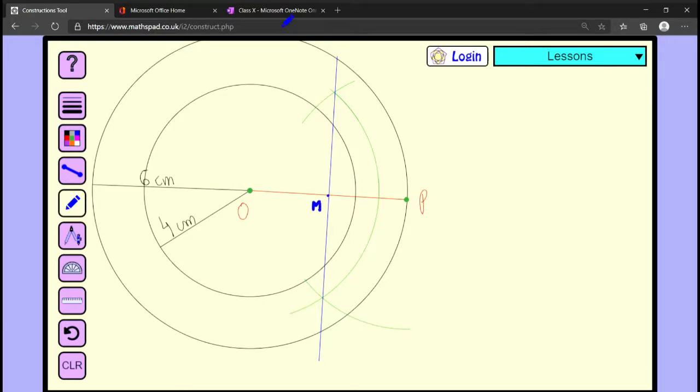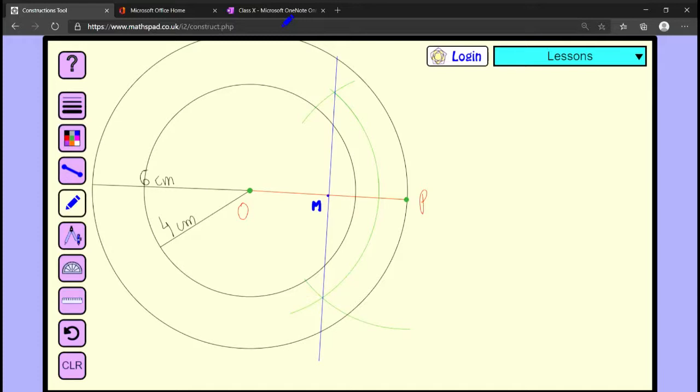We would like to draw a circle from this midpoint of OP. Going over the steps again, we have two concentric circles. We want to draw tangents to the smaller circle from a point on the larger circle. So point P is a point on the larger circle. This will be the external point for the smaller circle. First step is to join this external point with the center of the circle.